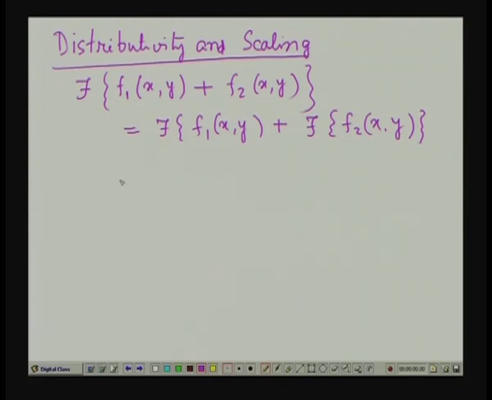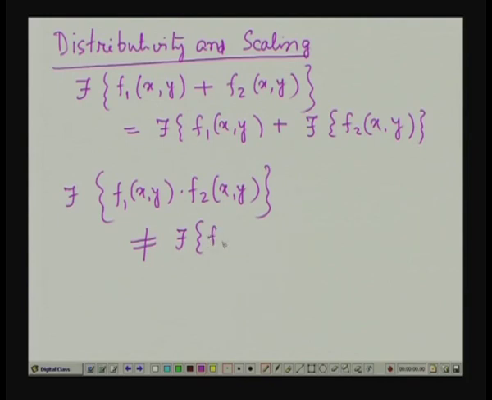But if I take the multiplication, that is f1 xy into f2 xy, and take the Fourier transformation of this product, this in general is not equal to the Fourier transform of f1 xy into the Fourier transform of f2 xy. The same is true for the inverse Fourier transformation.